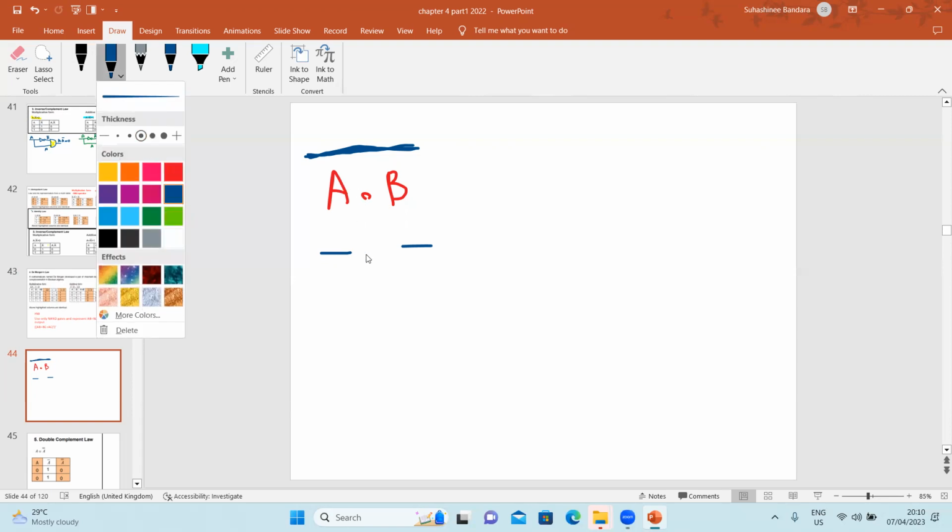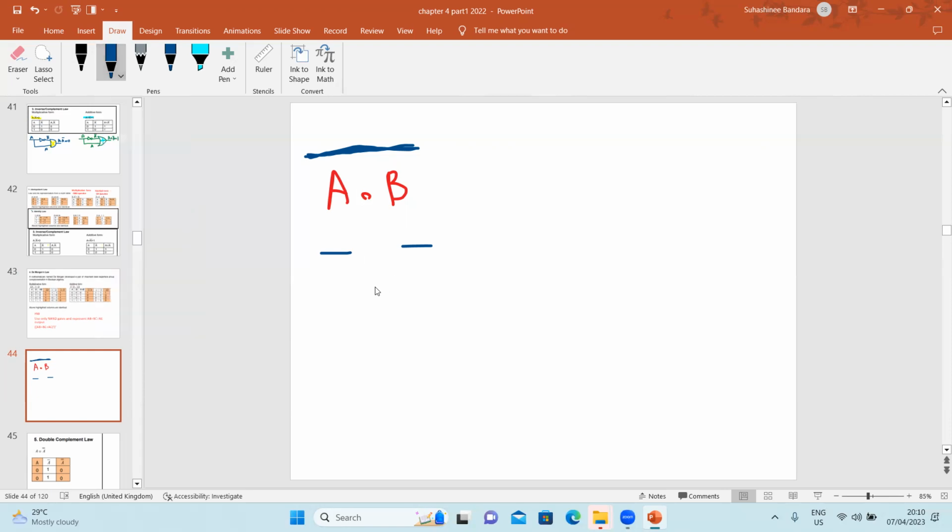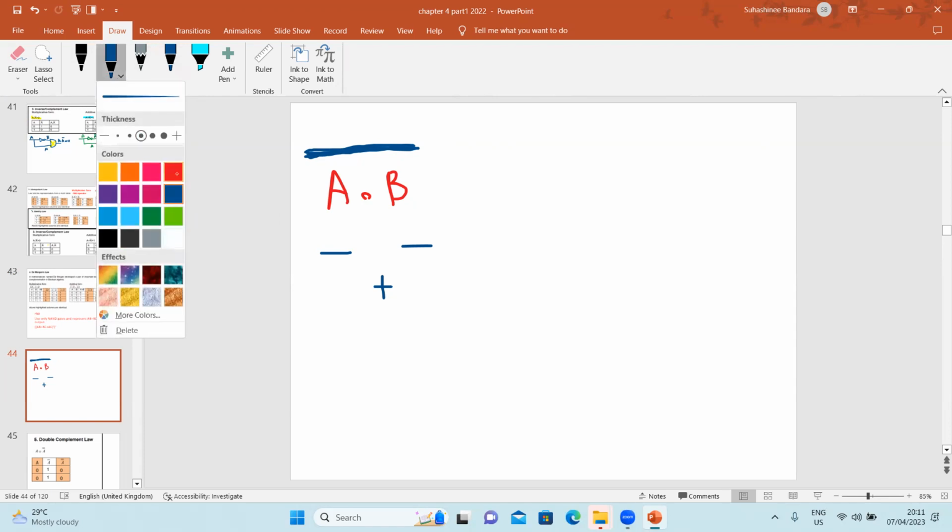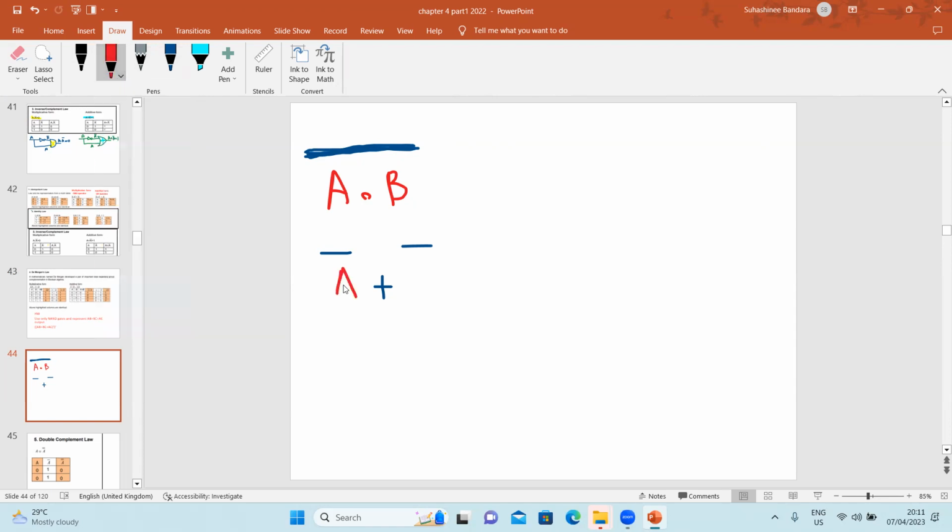While dividing into two parts, the dot becomes plus. The bar is there, the rocket is there. If the rocket moves on top of the dot, that rocket is going to break into two, that means the bar is going to break into two pieces. Then the dot is going to become plus. The answer will be like that.